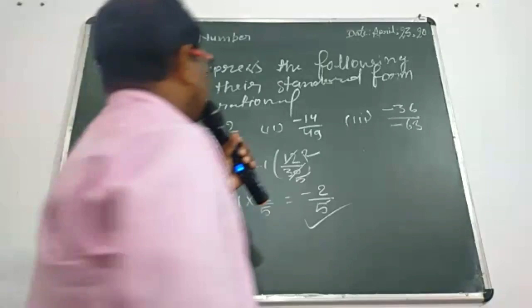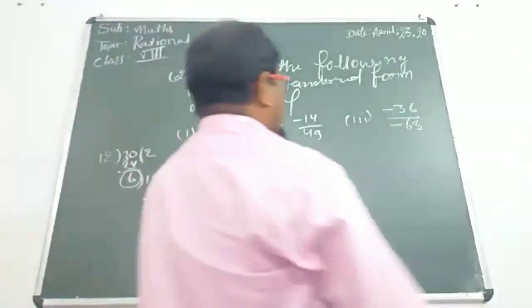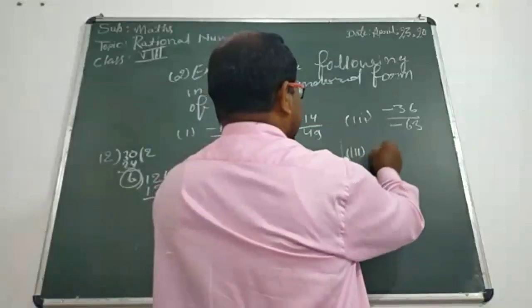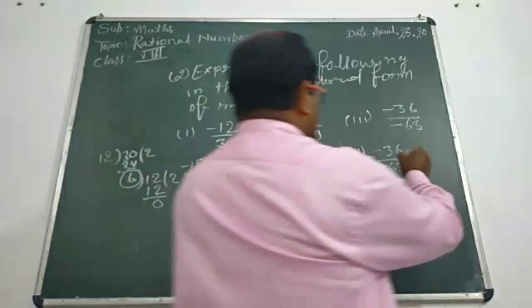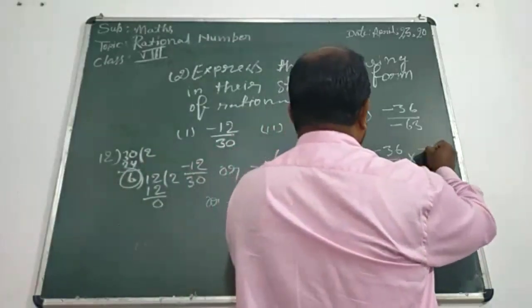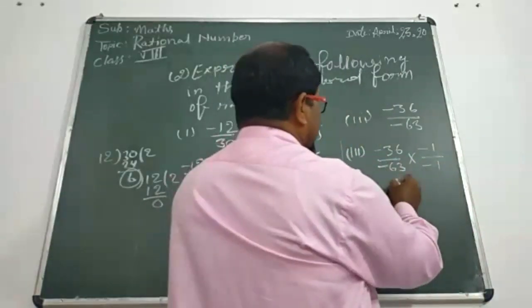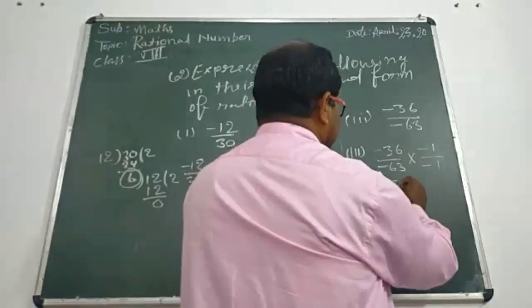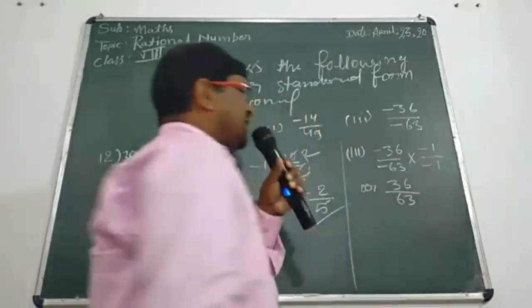Now third sum, minus 36 upon minus 63. You can write it as minus 1 upon minus 1. Then minus 36 multiplied by minus 1 equals 36, and minus 63 multiplied by minus 1 equals 63 only.